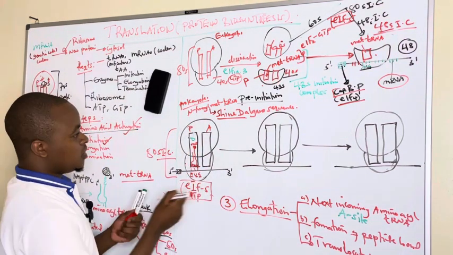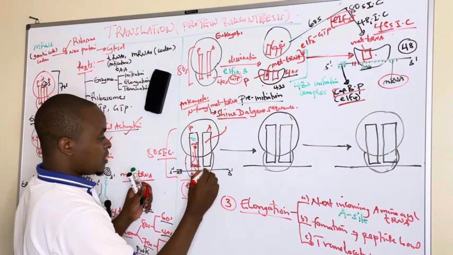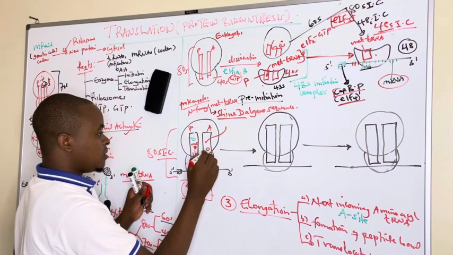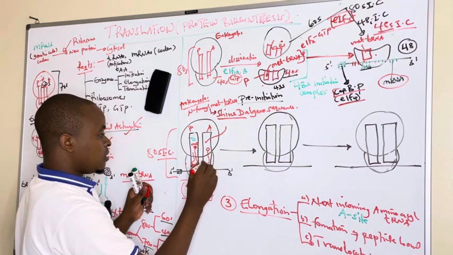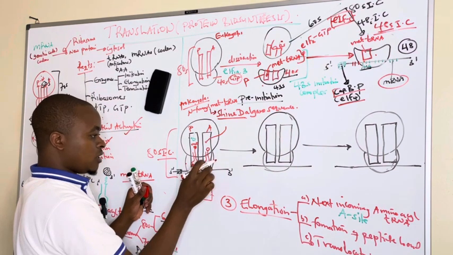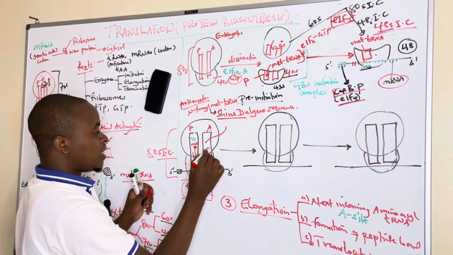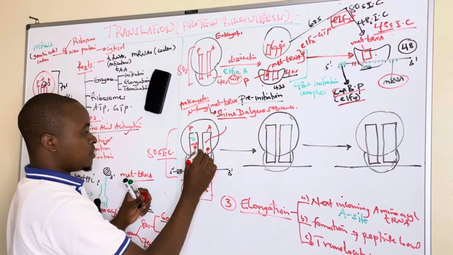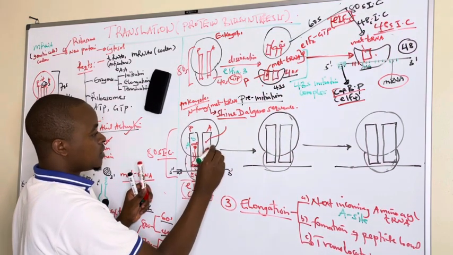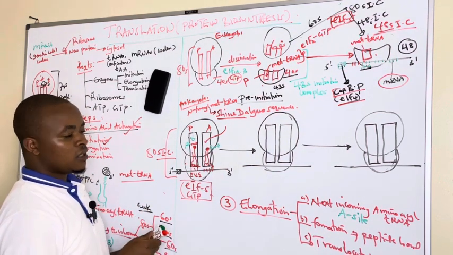It comes together with its amino acid, and then here there is another codon, it comes with a second amino acid, then it binds by its anticodon, and the codon together with the anticodon must be complementary, and they are the ones that specify the second amino acid. So this is the first amino acid, this is the second, and after binding into the A site, what happens?